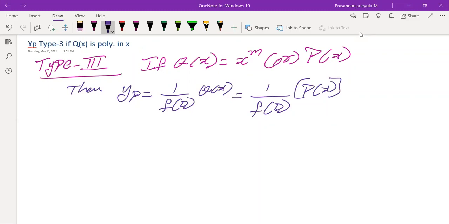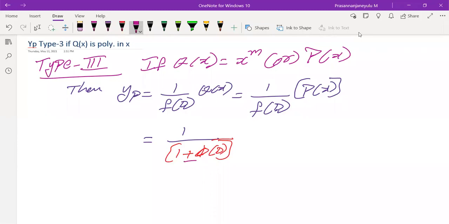If this is the case, then the very important point is we have to write the denominator part as 1 plus phi of D or 1 minus phi of D. How we have to write it, that we'll discuss in the problem.